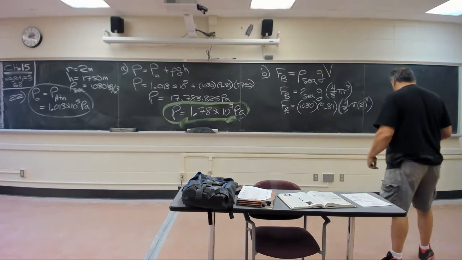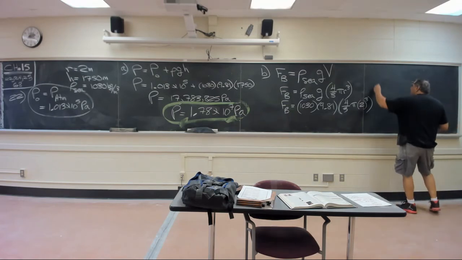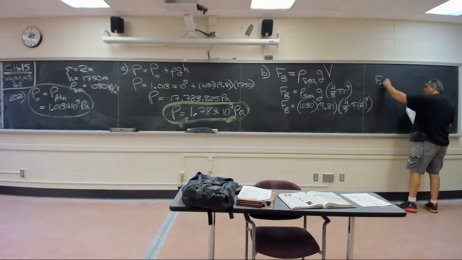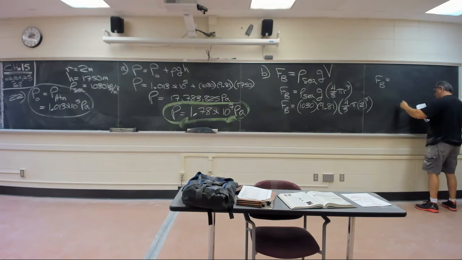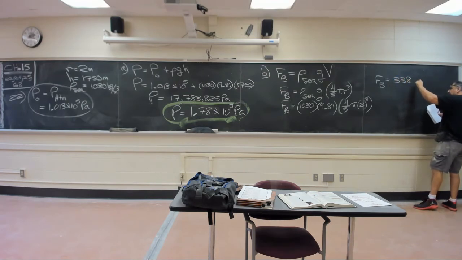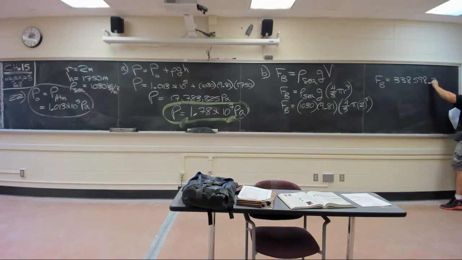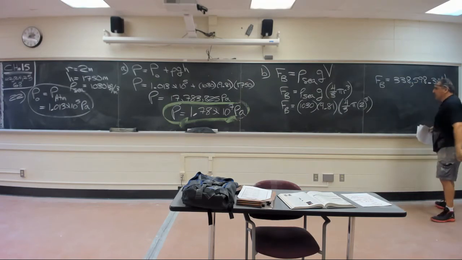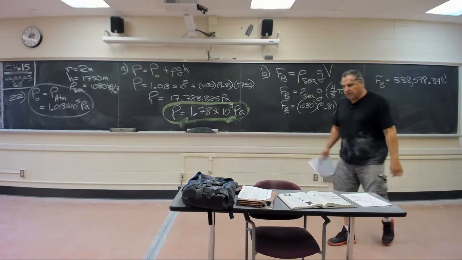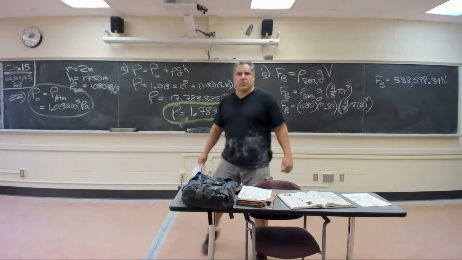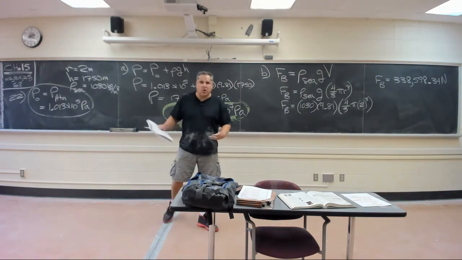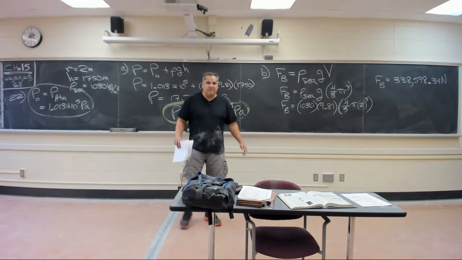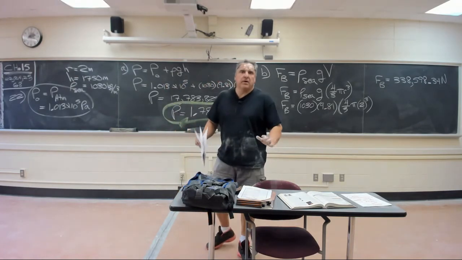And there it is. 338,598.34 newtons. You know me, I take the stuff as far out as I can. I don't round anything off and put it in there. I try to get around the issues of significant figures, guys. I don't try to call you on that. You've got enough math and enough physics to try to figure out here.